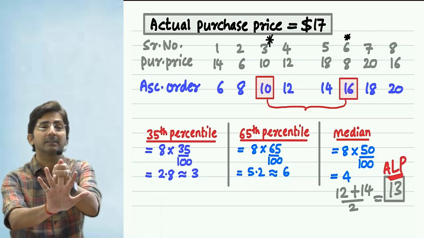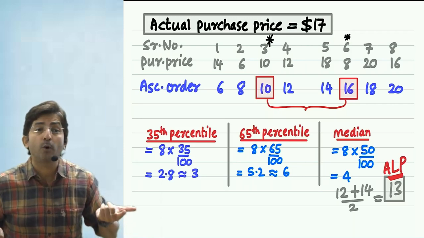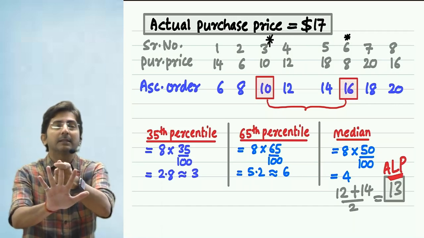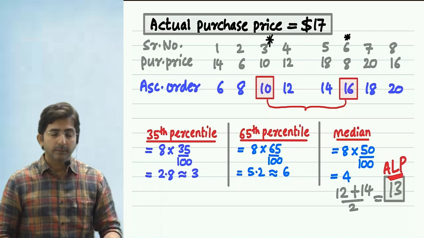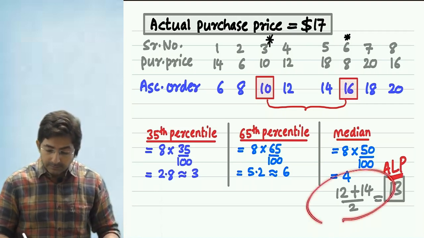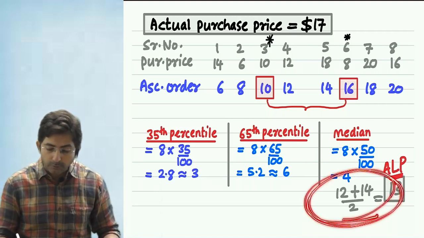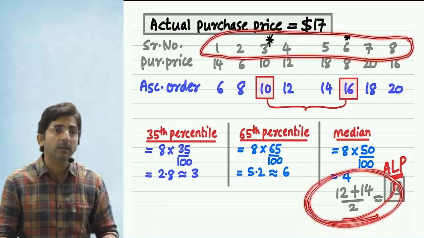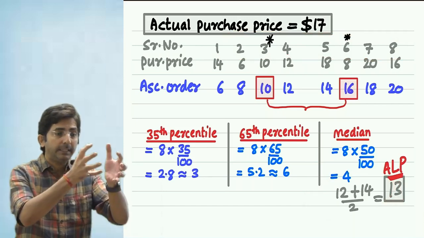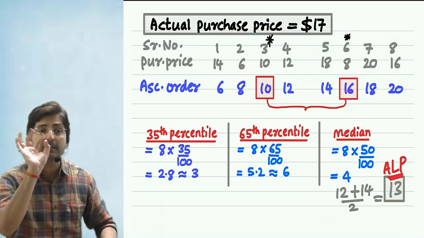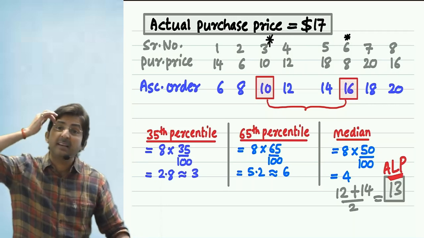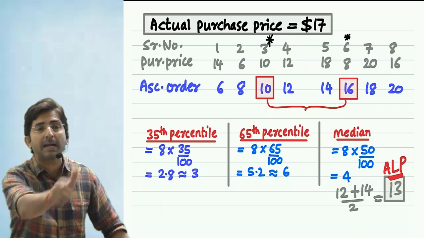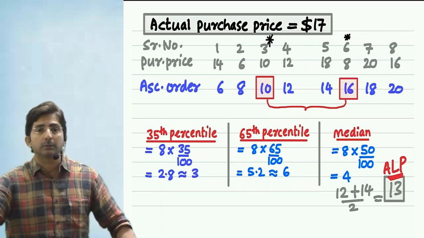How did you get this? 50% of 5 is 2.5, and the next number after 2.5 is 3. So directly you get the center. In short, why did this problem arise? Because the data was in an even number. And whenever we are dealing with an even number, it is difficult to find the center. And why am I after the center? Because median is the central most price in position.